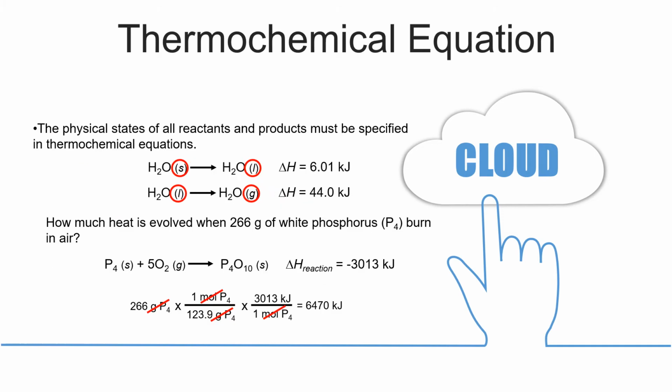Okay, next. So the physical state of all reactant and product must be specific. So as I mentioned before, you need to state either just liquid or solid. Okay, kena letak dalam thermochemical equation. Jangan tinggalkan. Okay, for example, kita ada kat sini. How much heat is evolved when 266 gram of white phosphorus burn in air? Okay, bila burn, combust, so semuanya melibatkan oksigen.